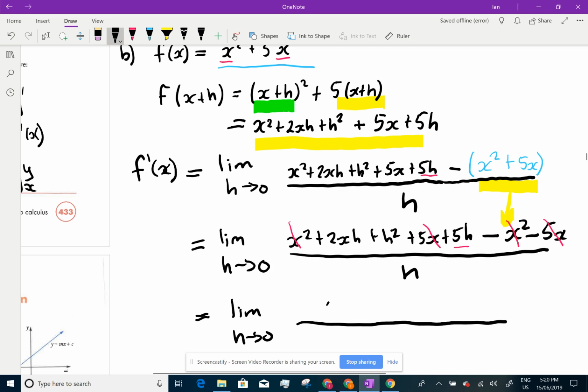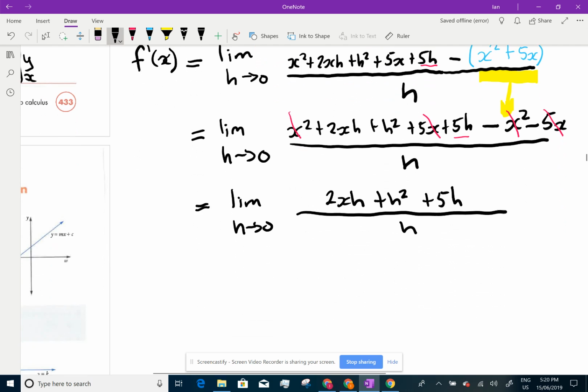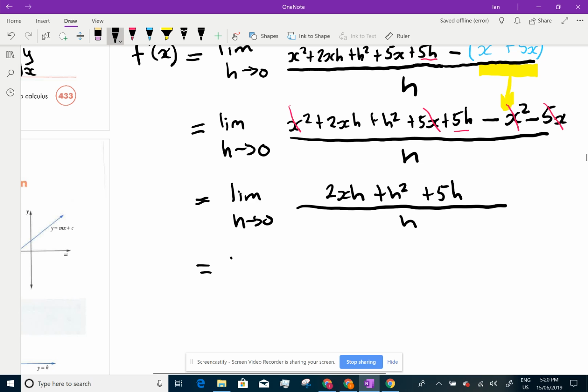Well, I've got 2xh plus h squared plus 5h over h. And I can now factorize on the top line. And I'll take the h out of everything, which gives me 2x plus h squared plus, just the one h, plus 5.